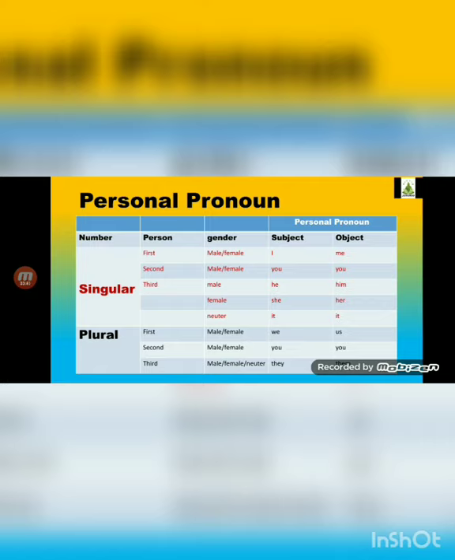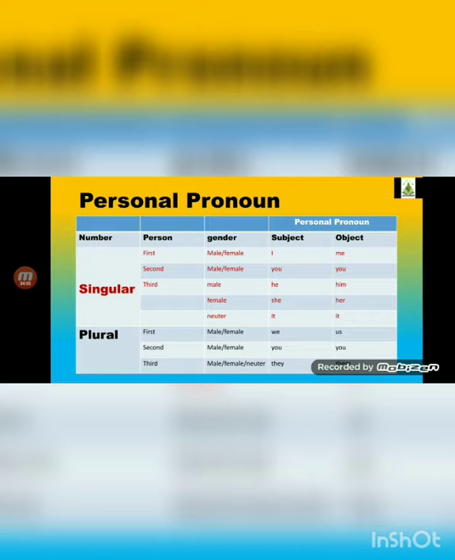Now, there are 3 persons, first person, second person and third person. So, let's understand what exactly is the first person. Now, we use the first person pronouns I and we to speak of ourselves. I repeat again, we use first person pronouns I and we to speak of ourselves.